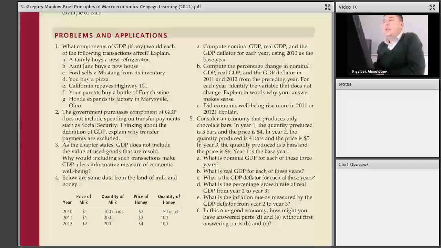Ford sells a Mustang from its inventory: it is consumption. You buy a pizza: consumption. California repairs Highway 101: it is government purchase. Your parents buy a bottle of French wine: it is an import, net export. Ford expands its inventory: it is investment.